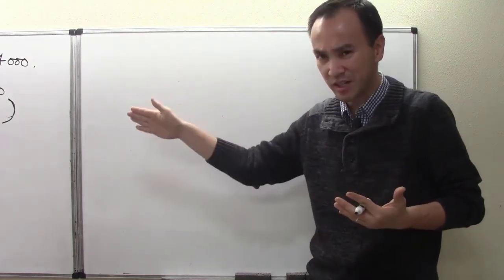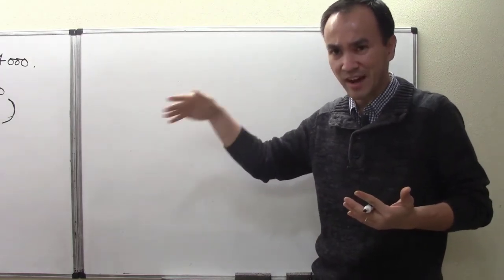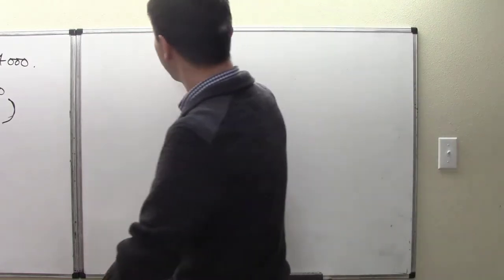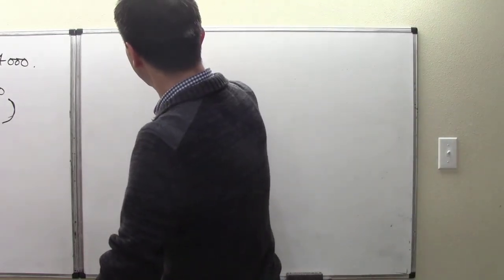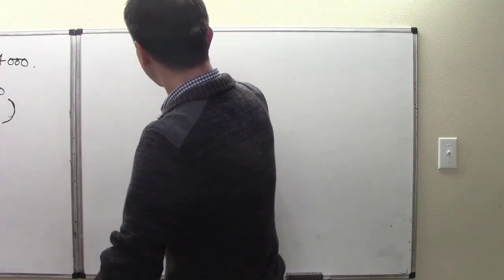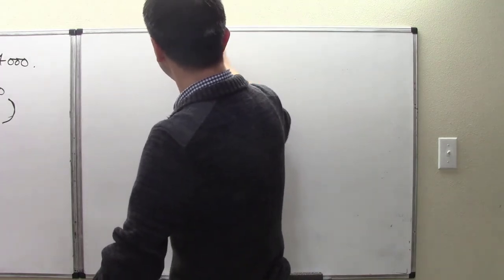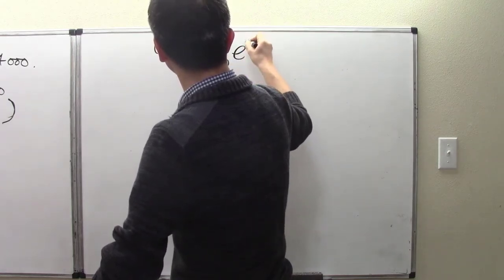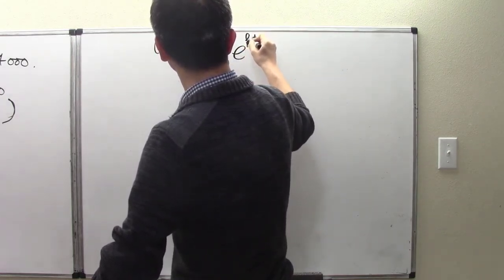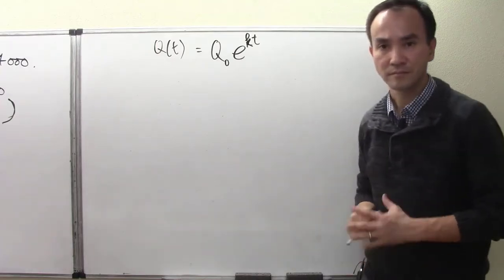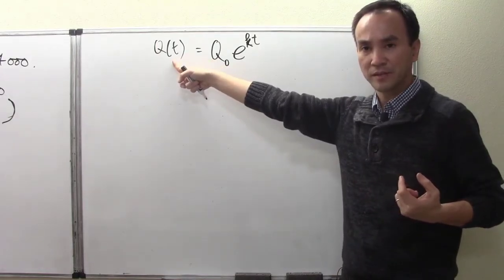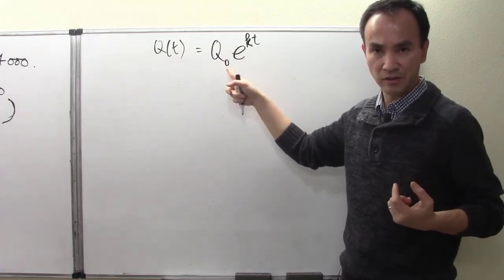It's saying continuous compounding, in a sense that it rings a bell that we should use the following model. Q of t is the quantity at time t. So the model here should be Q of 0 times e to the kt. Q of t equals initial amount times e to the kt.